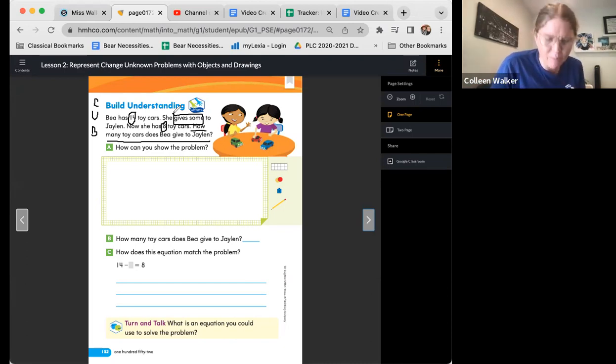What do you know about how many she has at the start? Yes, she started with 14. That's right. Now, we have to draw to show the problem. What are some ways we could represent the problem with drawings? Do you have any ideas? You can pause to tell your homeschool teacher.